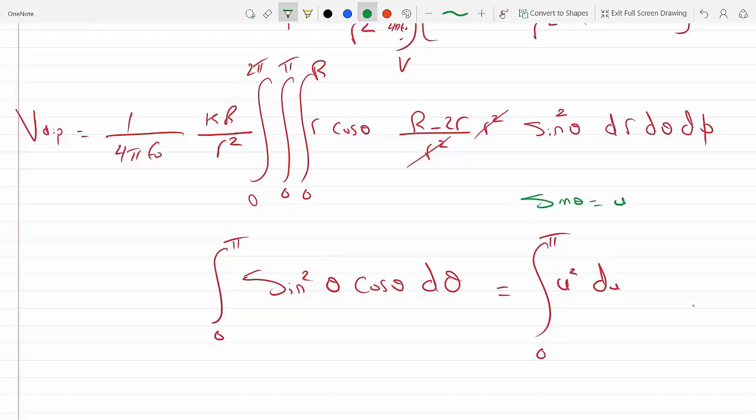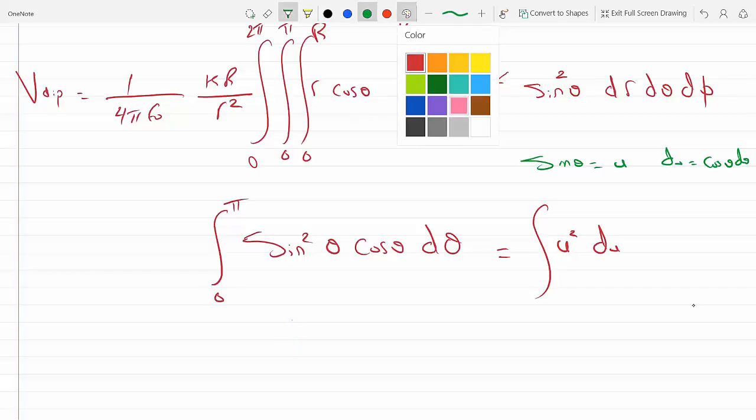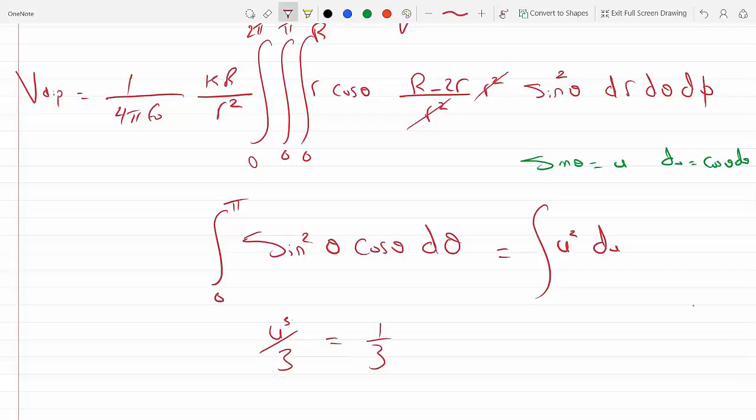Let's change the bounds accordingly. This turns out to be u cubed over 3, so 1/3 sine cubed theta from 0 to pi.